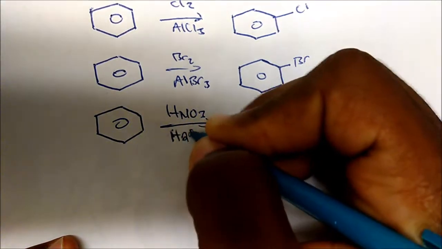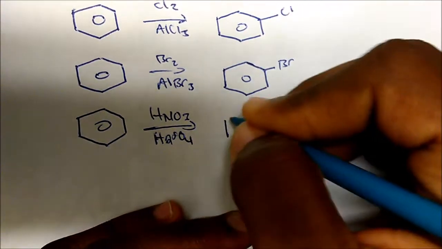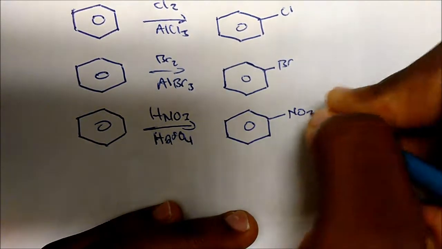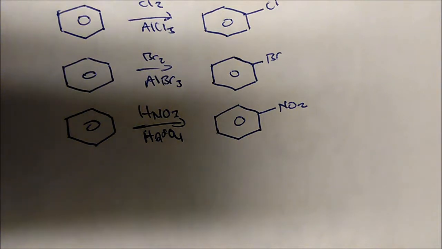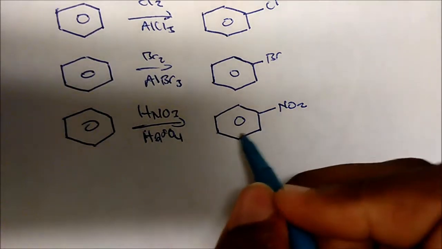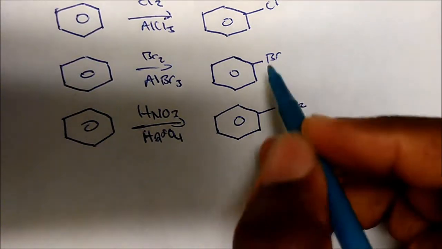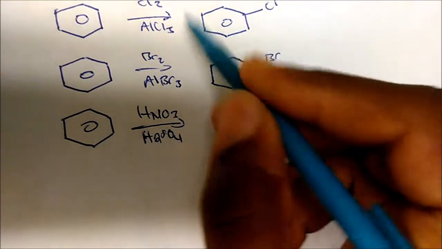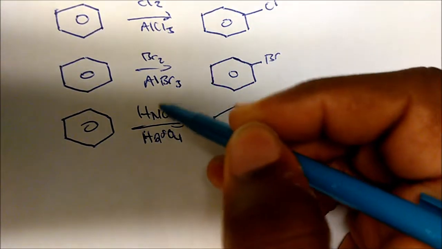And what's interesting is that if I take nitric acid and sulfuric acid, I will get this nitro group here. Okay, so this is actually a very important molecule because we're going to do a lot of chemistry with it. But just remember, this video is Friedel-Crafts Alkylation along with Electrophilic Aromatic Substitution.